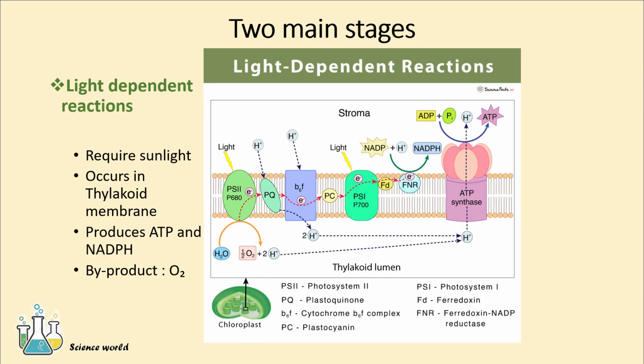According to this process, the energy is transferred from photosystem 2 to plastoquinone, then the cytochrome B6 complex, then plastocyanin, and to photosystem 1 and ferredoxin, then to the ferredoxin NADP reductase enzyme.